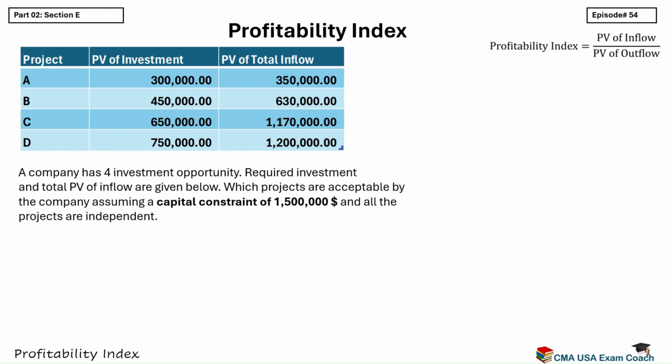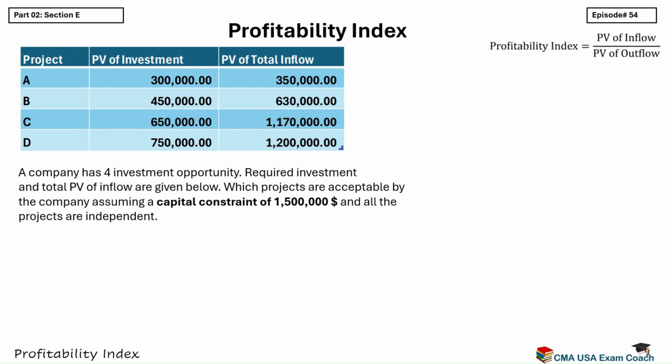Project B requires $450,000 and gives inflows of $630,000. Project C requires $650,000 and the inflows are $1,170,000. Project D requires $750,000 and the inflows are $1,200,000. The question asks, which projects should the company accept, given the capital constraint, assuming all projects are independent?